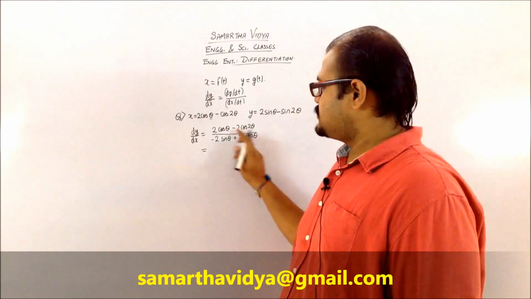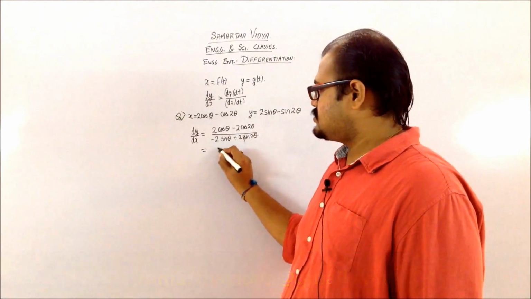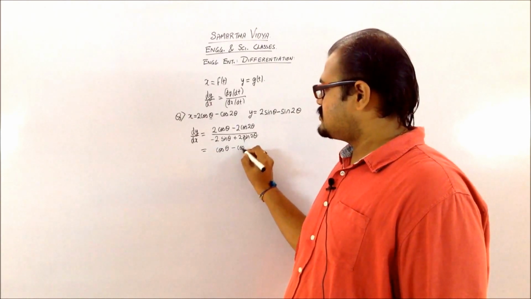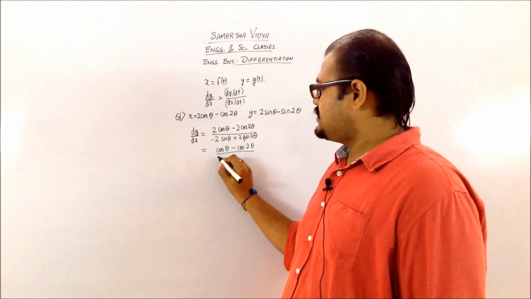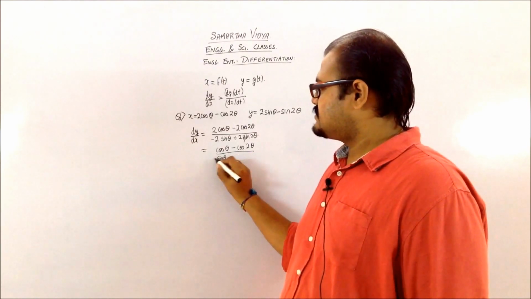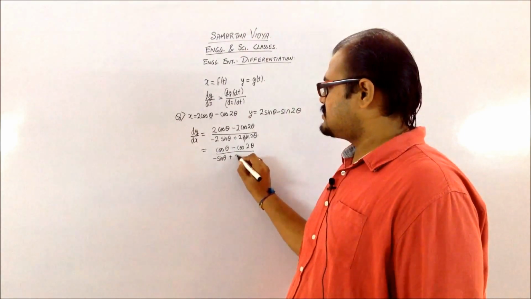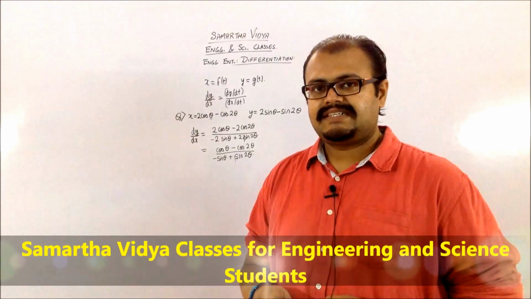You can take the 2 common from there, so the 2 gets cancelled out. What remains is cos theta minus cos 2 theta divided by minus sine theta plus sine 2 theta. So this is how you find the derivative of a parametric equation.